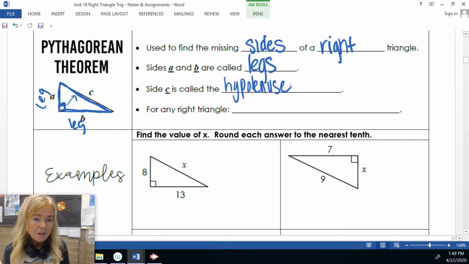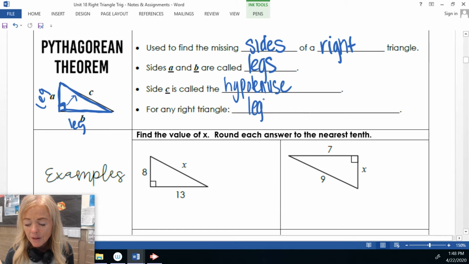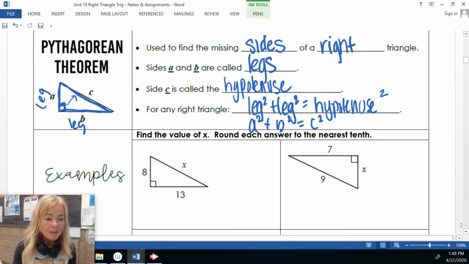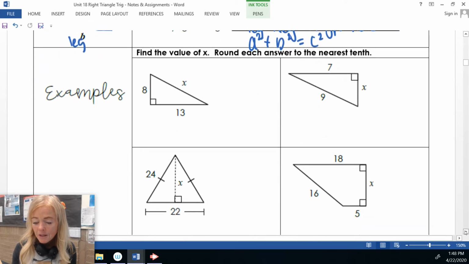So we have two legs that form the right angle, and then we have the hypotenuse that is across from the right angle. And for any right triangle, if you take the leg squared plus the leg squared, that's going to be equal to the hypotenuse squared. Sometimes you could even say A squared plus B squared is equal to C squared. That works too. But that's the Pythagorean theorem, and I'm sure you've figured out problems already using it.